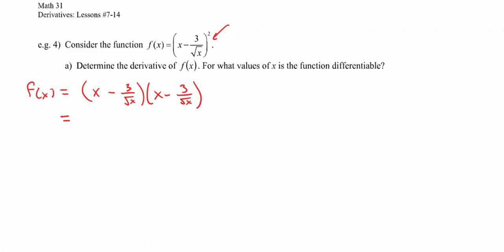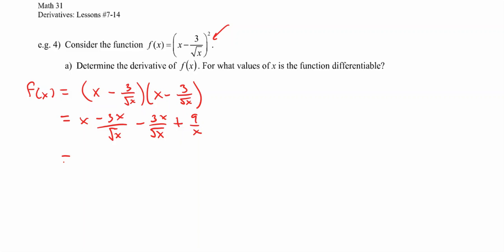And if we distribute this, we would end up getting x squared, and then combining our two, I'll write them out. So this would be minus 3x over x squared, sorry, minus 3x over the square root of x, and then plus, this would be 3 times 3 is 9, and then root x times root x is just x.